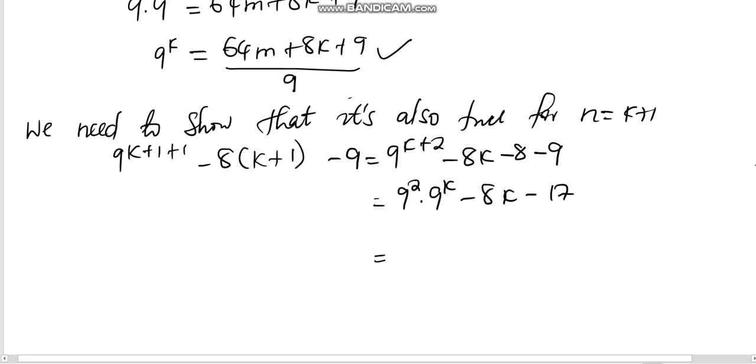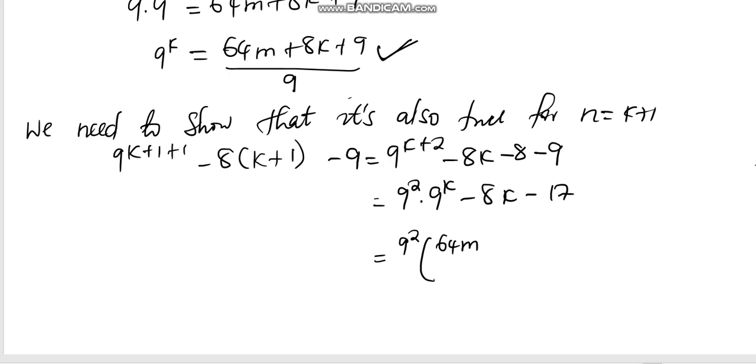So now we have 9 to the power 2 open brackets, and where there's 9 to the power k, we put this expression: 64m plus 8k plus 9, divided by 9, then minus 8k and also minus 17.